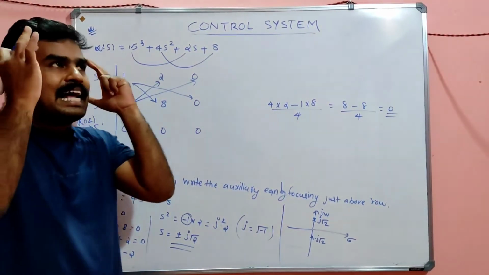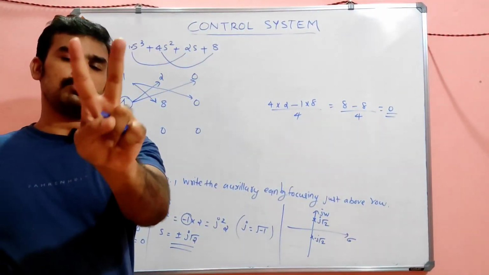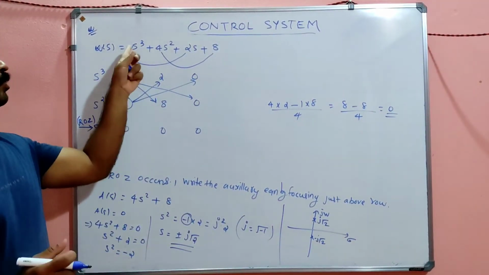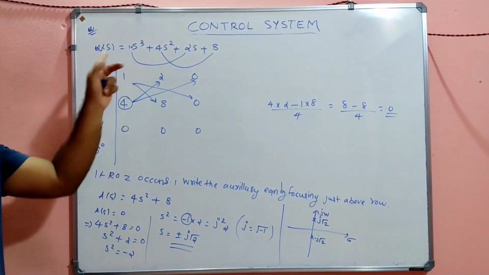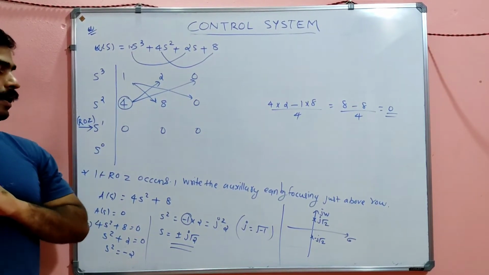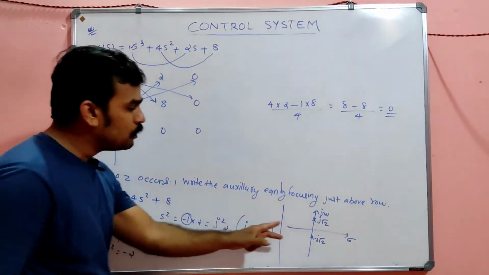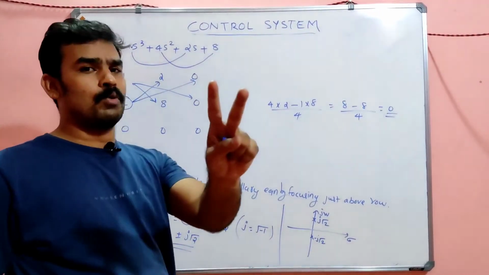So we got an idea about two roots or two poles of the characteristic equation or the system. In total there are three roots, my dear, or three poles of the characteristic equation, and by solving the auxiliary equation we got an idea about two poles.